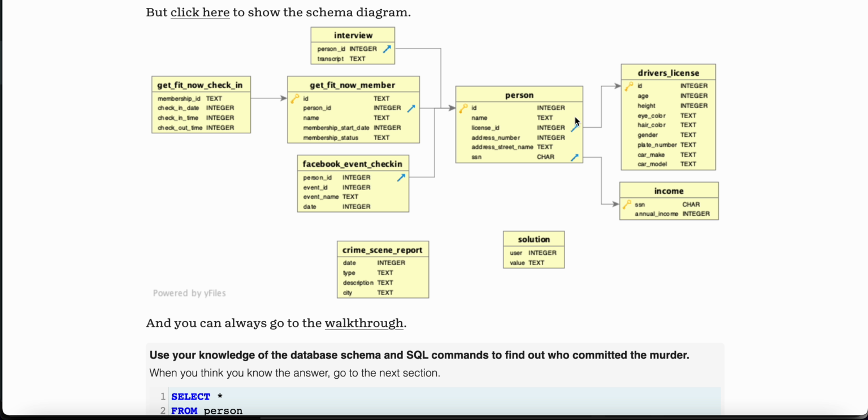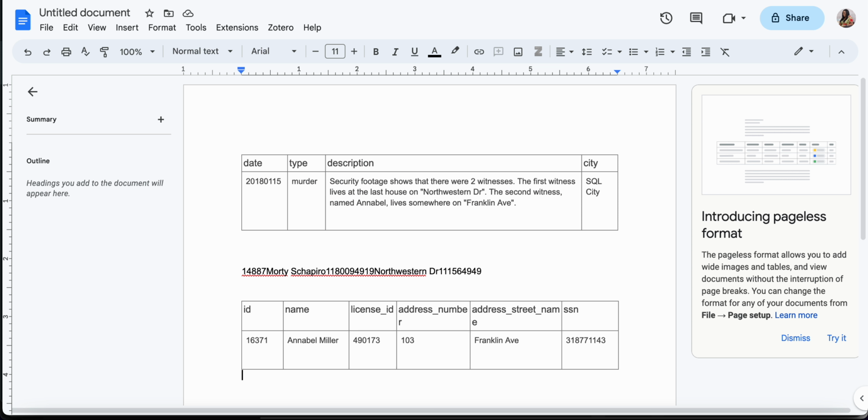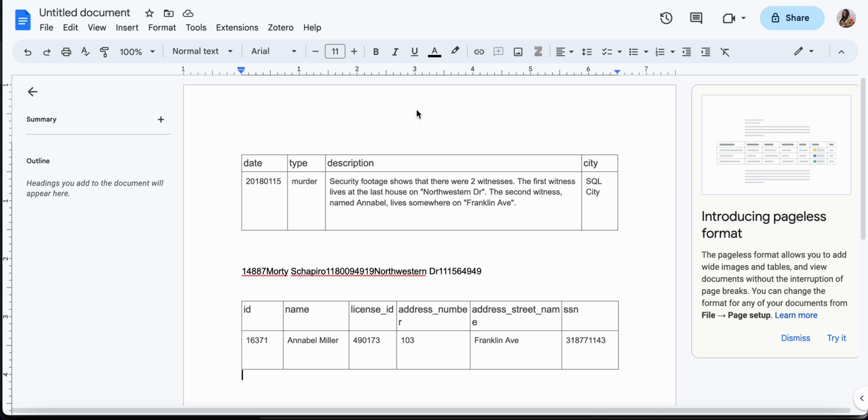So we can check driver's license to know who Morty is as a person. Since we already have his license ID, we can now check from this table who Morty is.